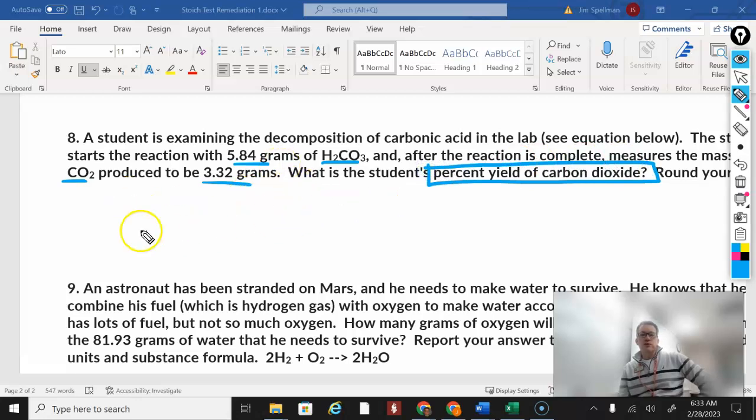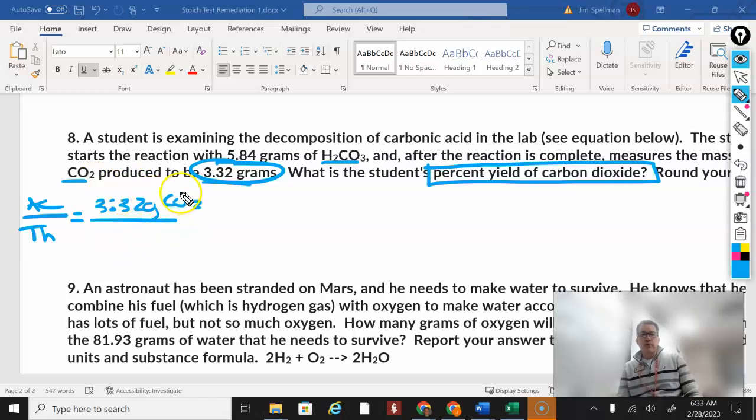So just like in question 7, to get a percentage, we're going to need a fraction. And percent yield is the actual amount that we get divided by the theoretical maximum possible. The actual given is in the problem, which is 3.32 grams CO2. And we've got to find the bottom.